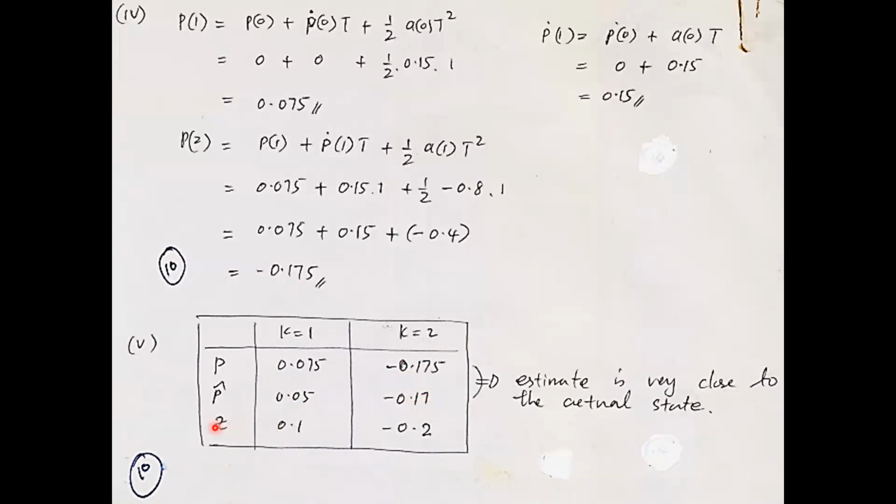And the sensor is minus 0.2, which is 0.025 away from the actual value, whereas the Kalman filter is only 0.005 away from the actual value. So it's getting very close to the actual value.